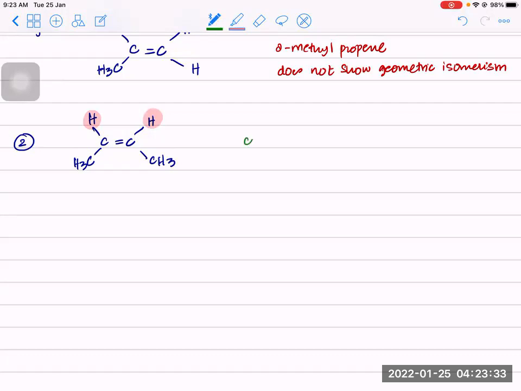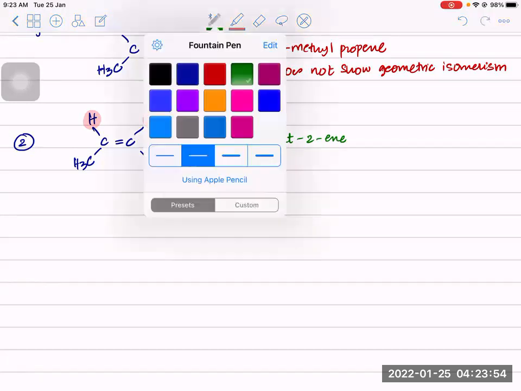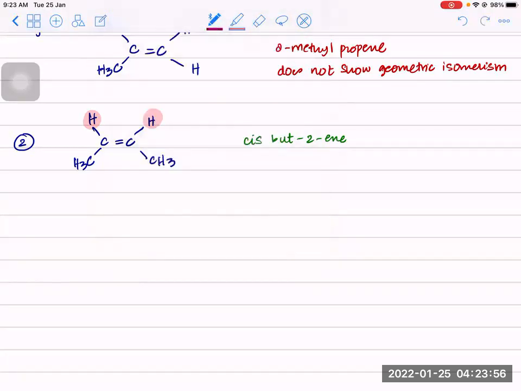So this will be what? Cis but-2-ene. Do you see this is butene or but-2-ene? This is the longest carbon chain. On carbon number 2, we have a double bond. Yes. So this is but-2-ene. But which isomer is this? The cis but-2-ene. Can we draw the trans for this? How will we draw the trans?